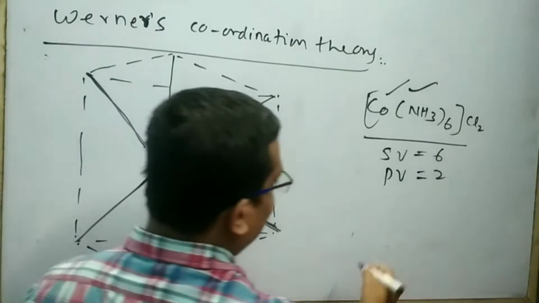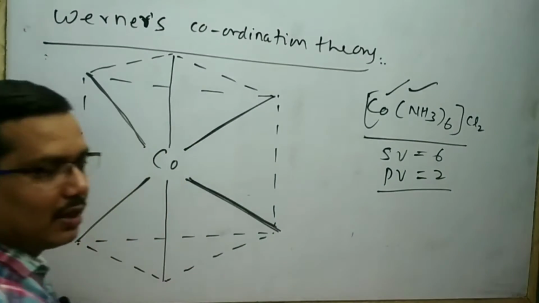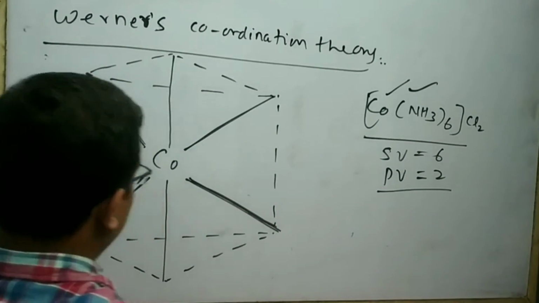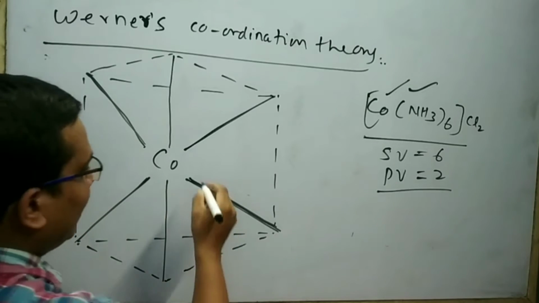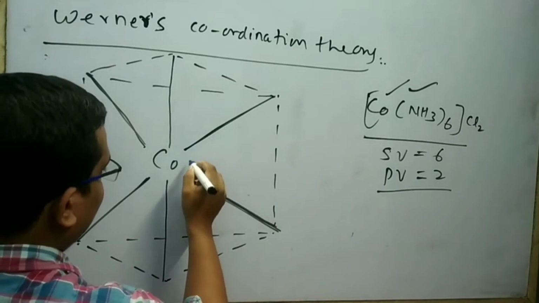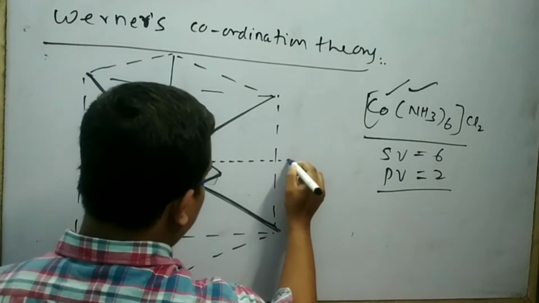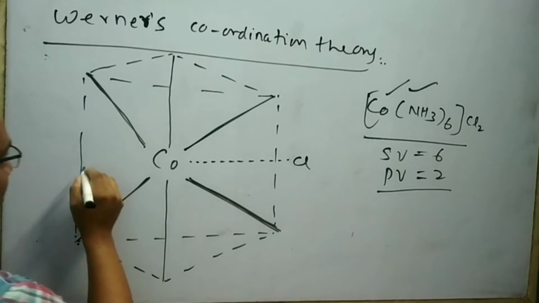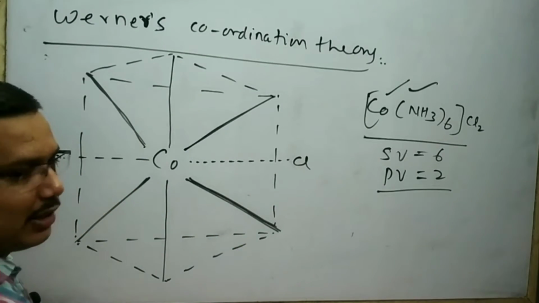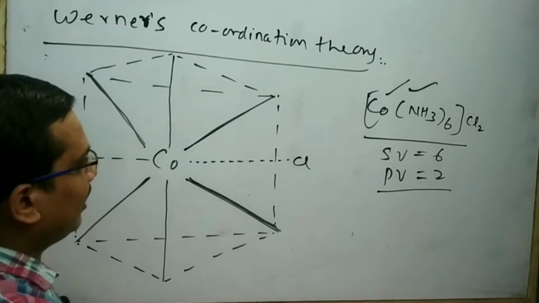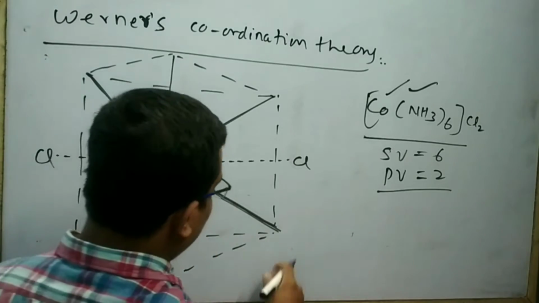There are two primary valencies present, so I can represent the primary valency with the help of dotted lines. Suppose a primary valency is present here, and another is present here. The secondary valencies connect the ligands to the central metal atom.